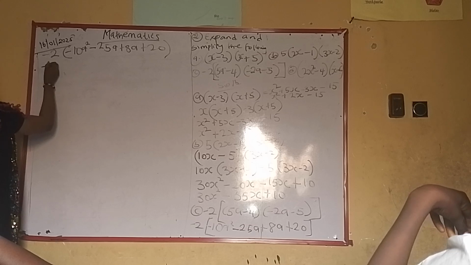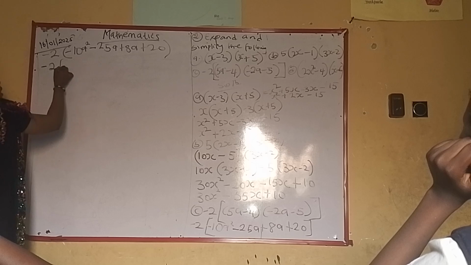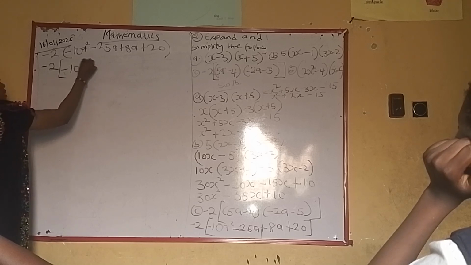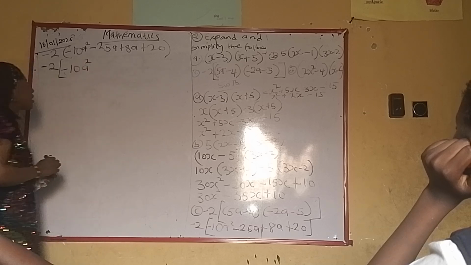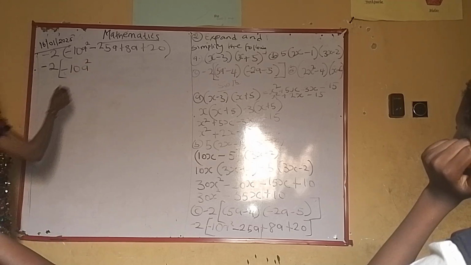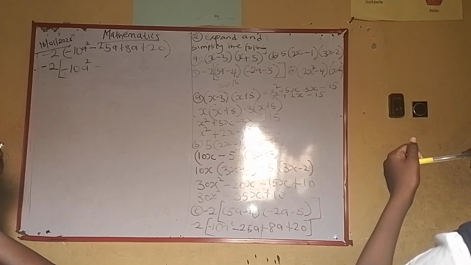We have minus 2 bracket, the big bracket we are using. Minus 10a squared. You owe 25 a's and you have 8 a's. So you still have how many a's to pay? 33 a's. No! Incorrect.